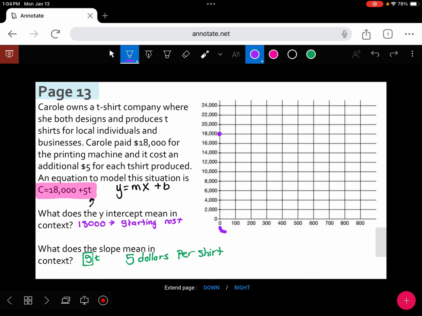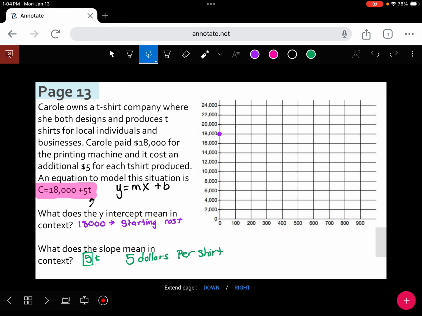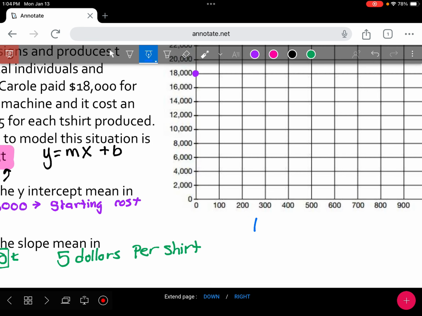So if I look at purchasing 100 shirts or producing 100 shirts, how much would that cost for her to produce 100 shirts? Oh, there we go. Thank you. Probably don't touch the screen enough. So it would cost $500 to make the shirts total.